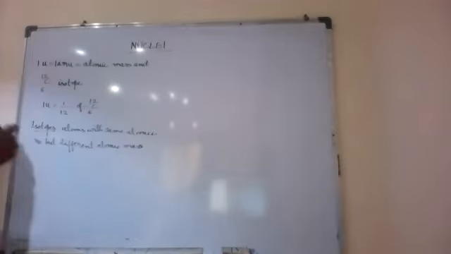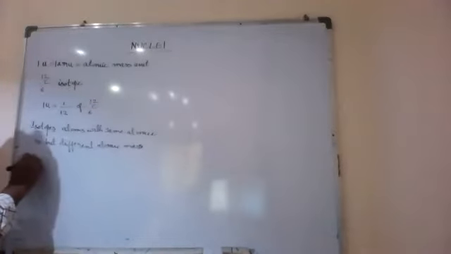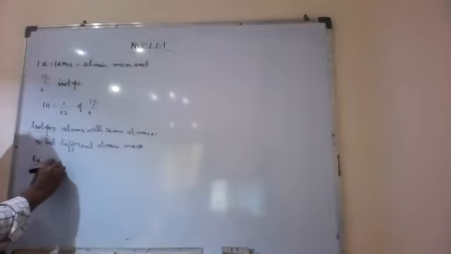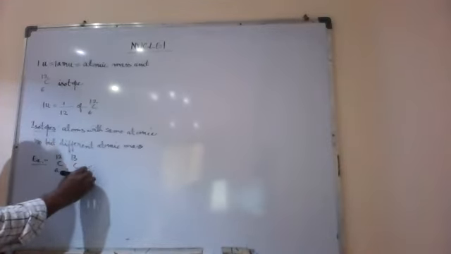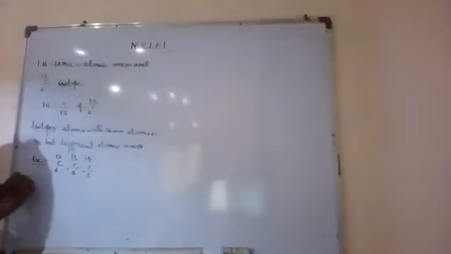So that is said to be isotopes. Example for isotopes is C-6-12, C-6-13 and C-6-14.